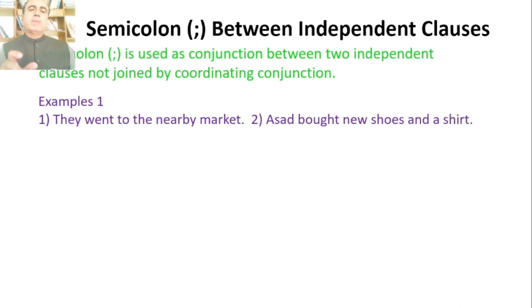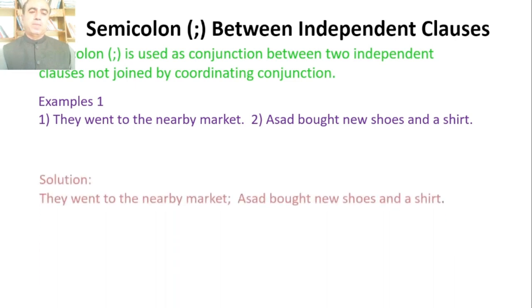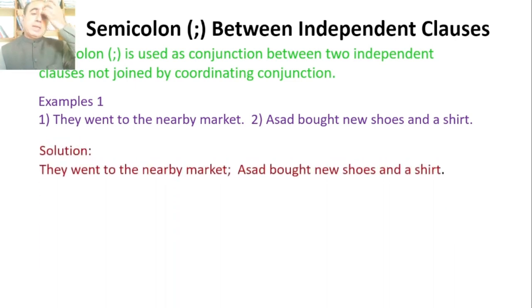We use a semicolon to connect such sentences that are linked with one another. If there is no link, then there is no need to use semicolons. We can place them as separate sentences by putting a full stop. But here it is there. Here is the solution.